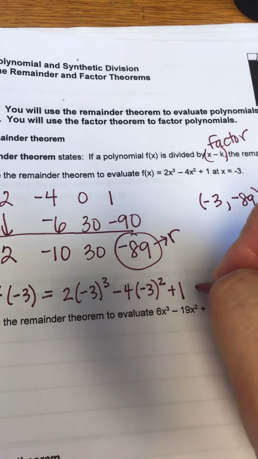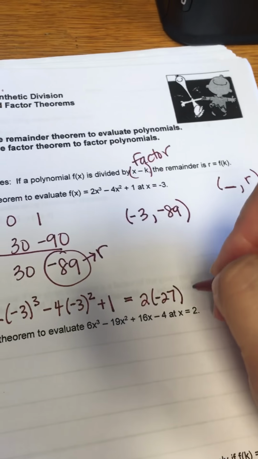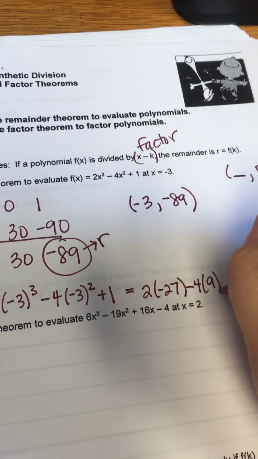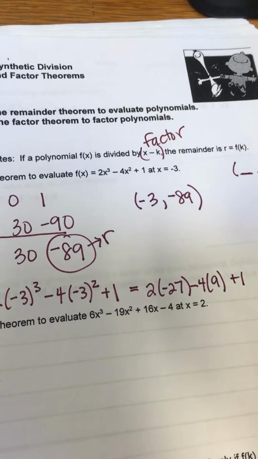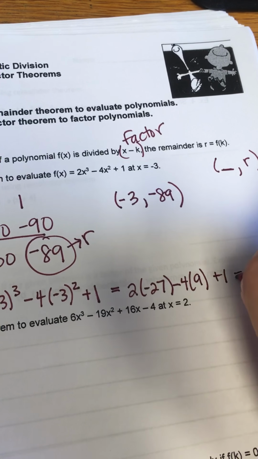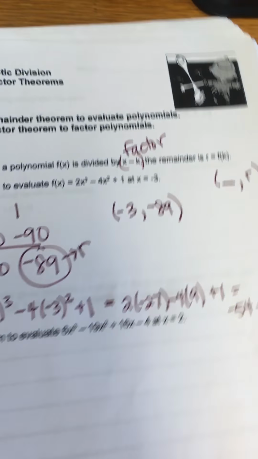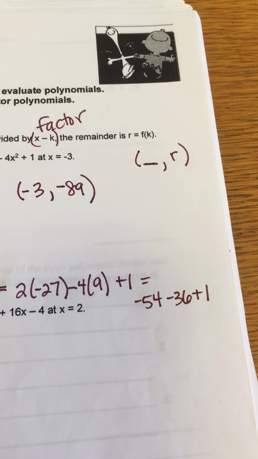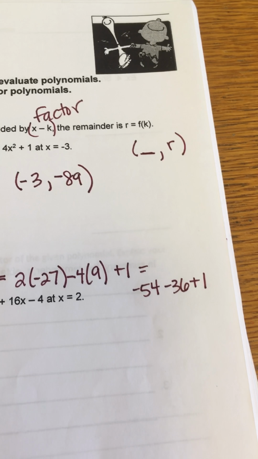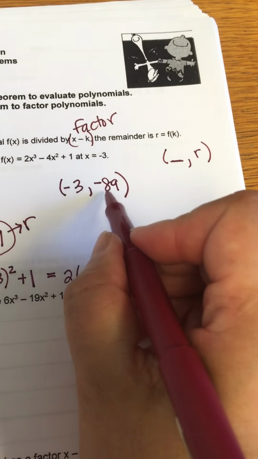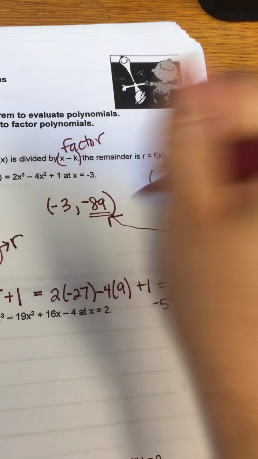So let's see, so this is 2 times -27 minus 4 times 9 plus 1. 2 times -27 is -54 minus 36 plus 1. So -54 minus 36 plus 1 is the magical number of -89. So you can plug it in also.